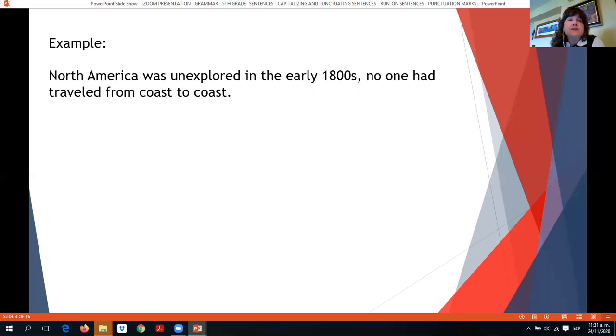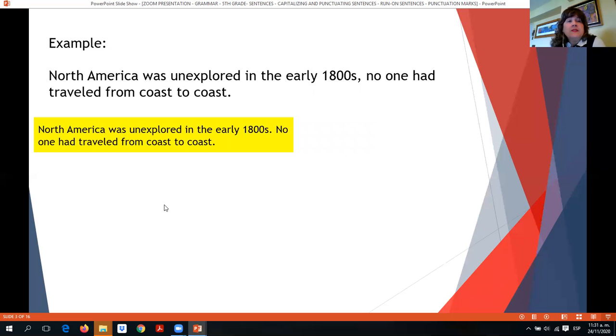So let's see the first method. If we separate this into two simple sentences, we have the following. North America wasn't explored in the early 1800s. No one had traveled from coast to coast. Okay, it's better that way.